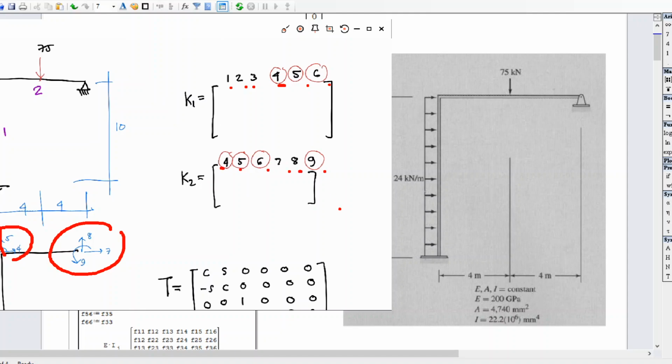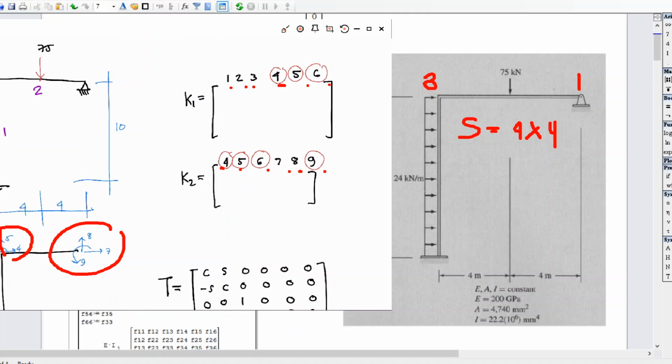Now, looking at the structure, where will this displace? What are the displacements? We have 3 displacements per node. So 3 here, because you have no restraint on this joint. And as you notice, we have a pin support, that means it can rotate. So we have another one here. Therefore, our S is 4 by 4.